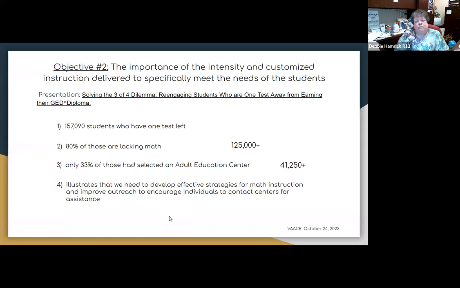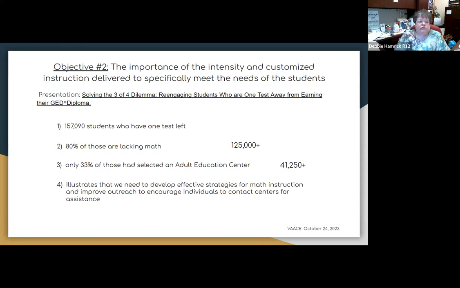We find when we can target the math instruction that we provide to exactly what our students are needing. And the way we know that is, again, by the prescriptions from TABE Online, which is what we use, and our GED Ready prescriptions. That's what we use to drive instruction.